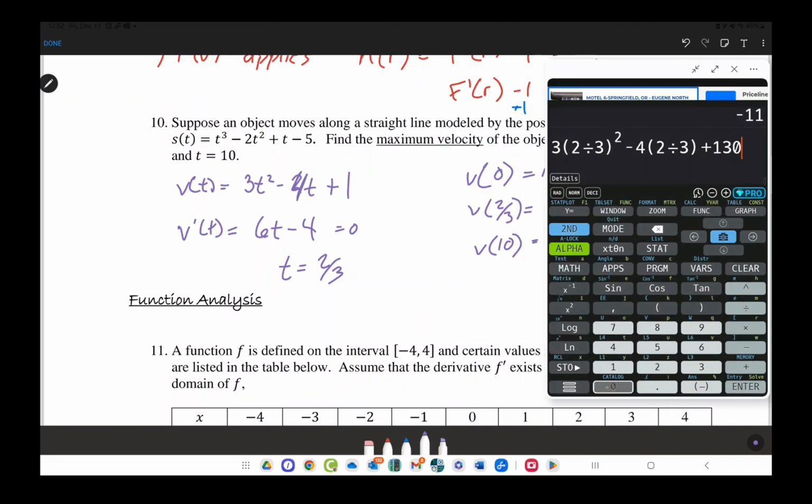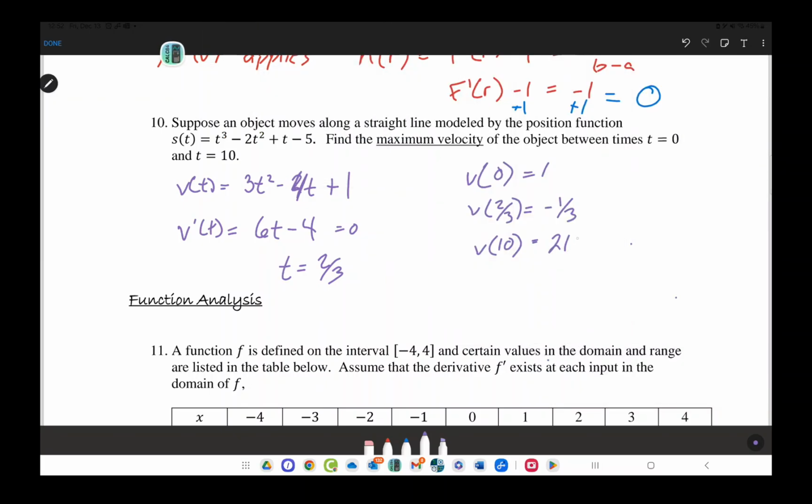So 300 minus 40 plus 1, 261. So when is my max value? Max velocity is 261, and this doesn't tell us what units. So units per t, I don't know what time t is, at t equals 10.